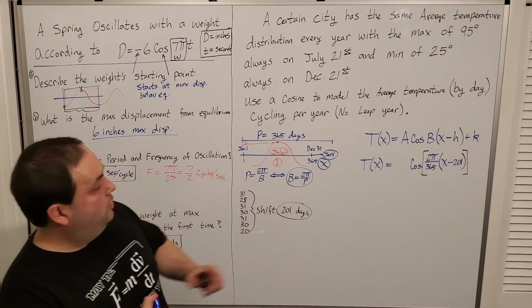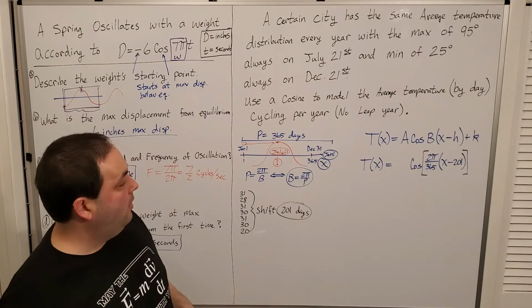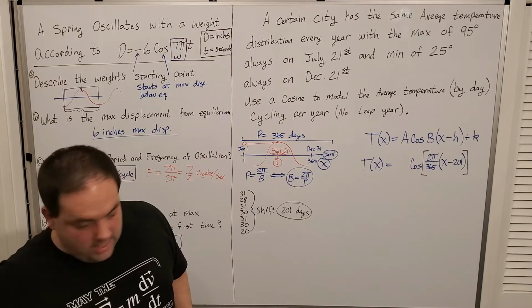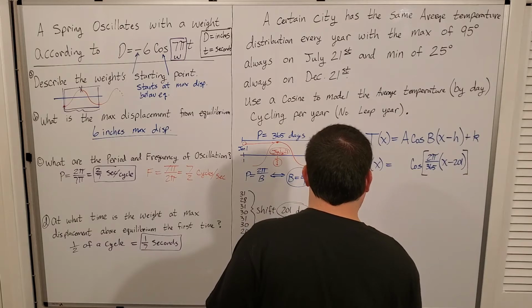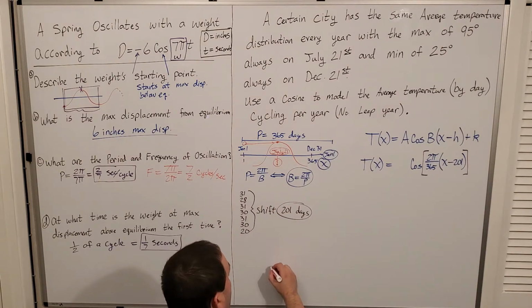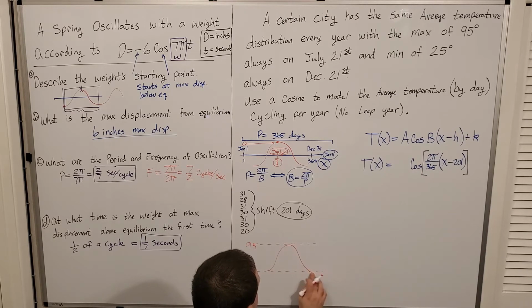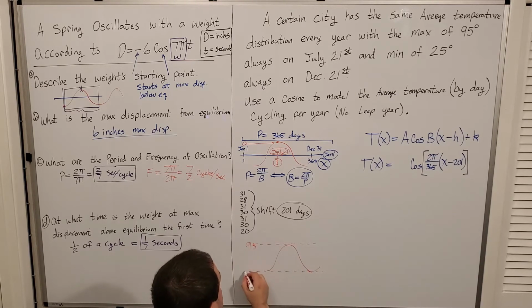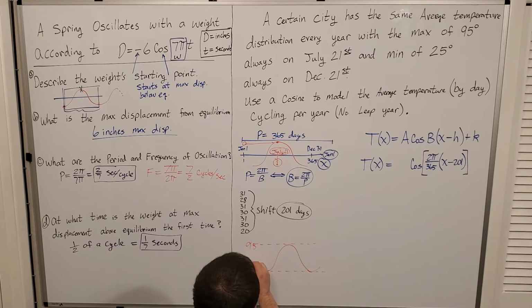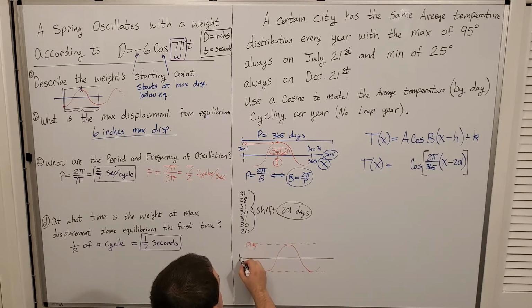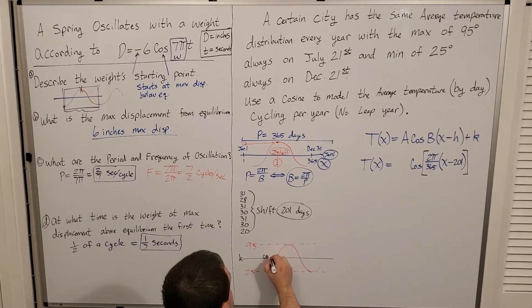Okay, now the other two, the amplitude and the upward shift, I can figure out at the same time. I need a cosine that bounces in between, right? A high of 95 and a low of 25, right? So the center of these two is going to be my shift. That's my center.